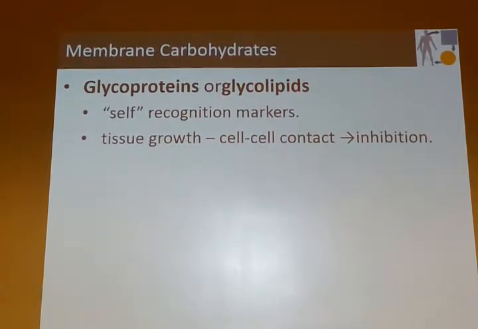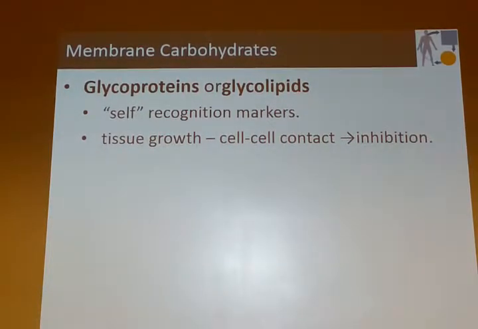You have a glycoprotein. If this is attached to the phosphate head, this branching out here, then you have a glycolipid. So these can be used as receptors. They can bind things on the surface as a receptor.